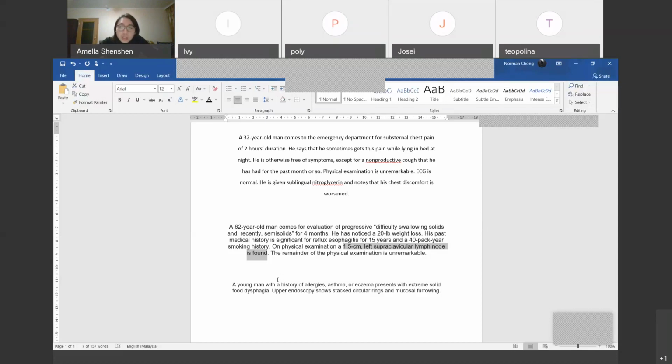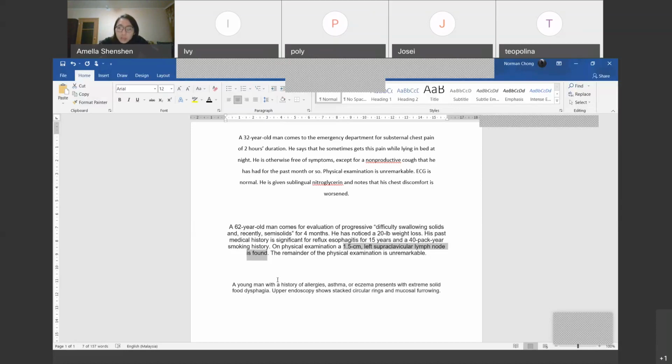Then the supraclavicular lymph node, possible metastasis of other cancer, can be lung cancer or different cancers, any metastasis into the supraclavicular lymph node is possible. So we need to, of course, send this patient to oncology as well to check for oncomarkers and all that, and to do biopsy and all that. So that's next.